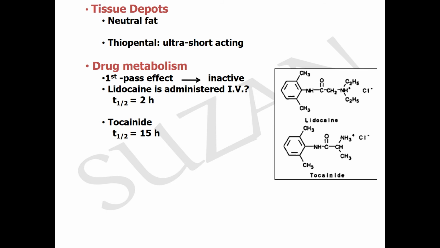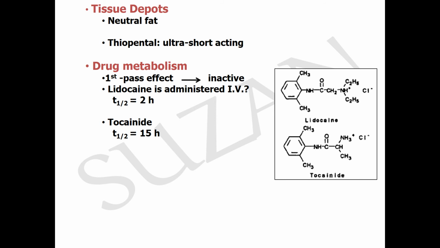Here in the liver, the drug will be metabolized by hepatic enzymes present in the liver, mainly to an inactive compound, and this happens during the initial trip through the liver, which is called the first pass effect, whereby most drugs are converted after this first pass effect into an inactive form.